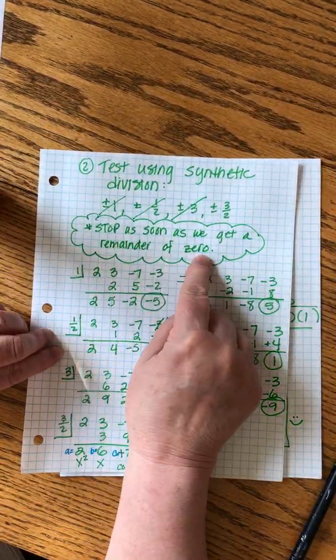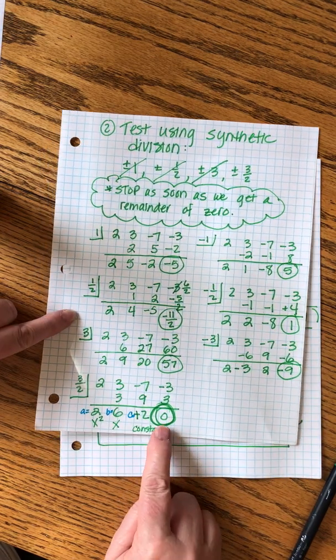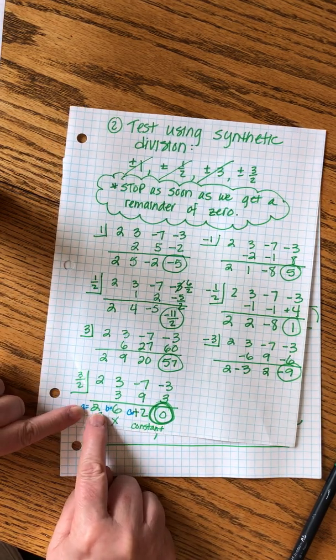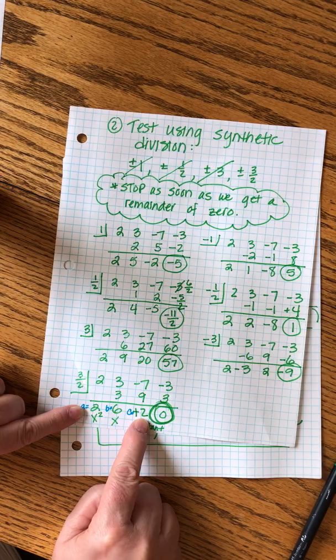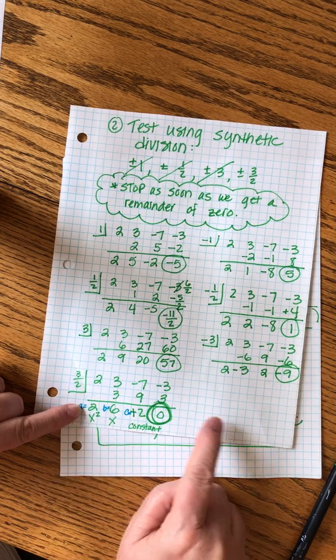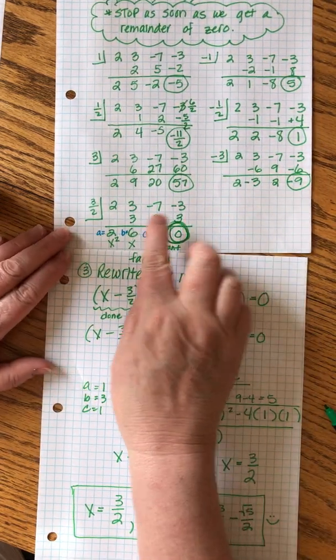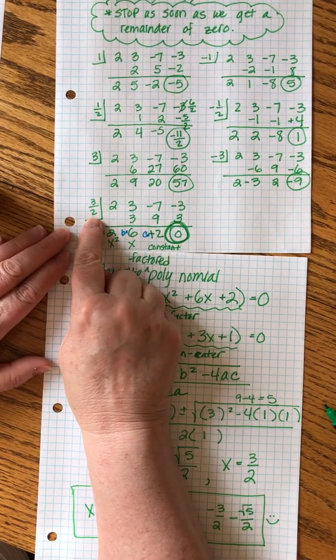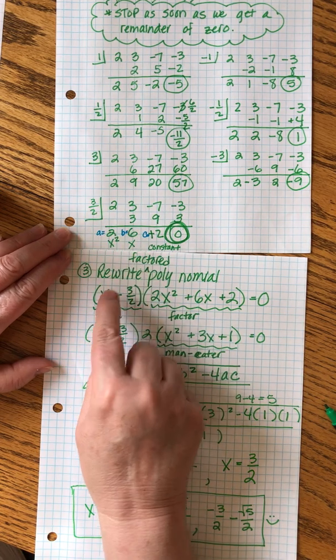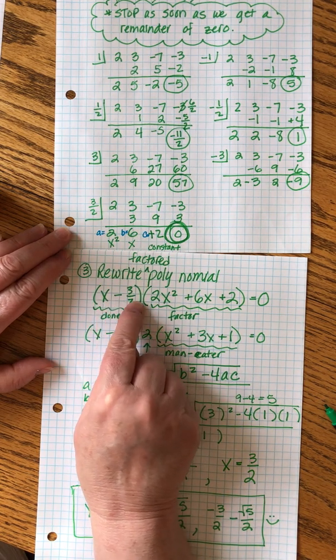We did stop as soon as we got to a remainder of 0, which was down here, and then we used these coefficients and this number to create this expression. We knew that 3 over 2 was a rational root, so we wrote that thusly.